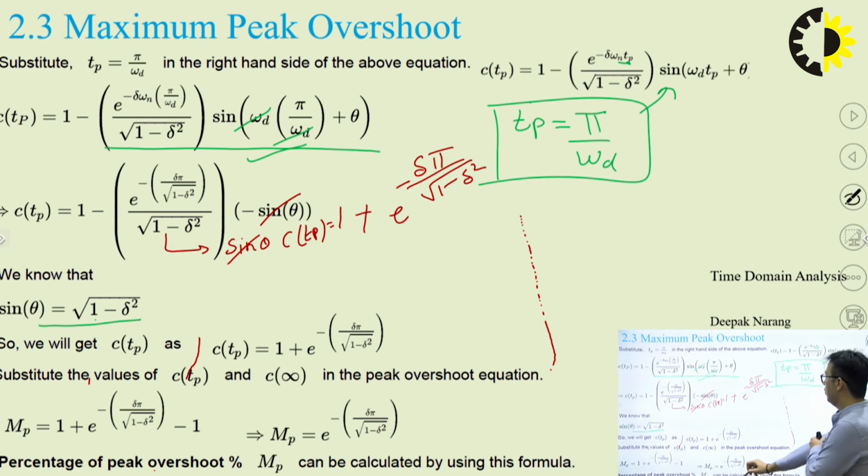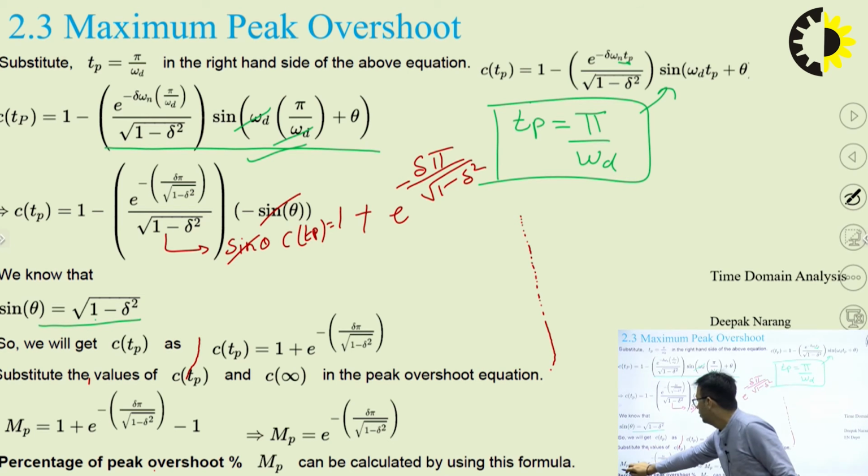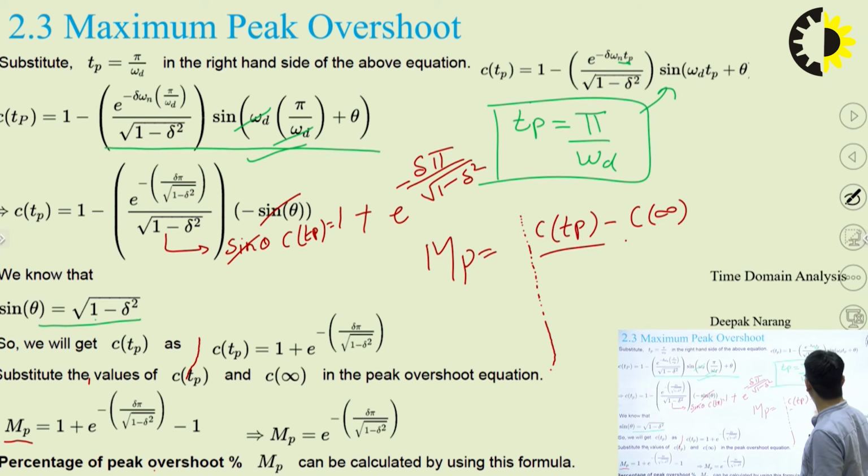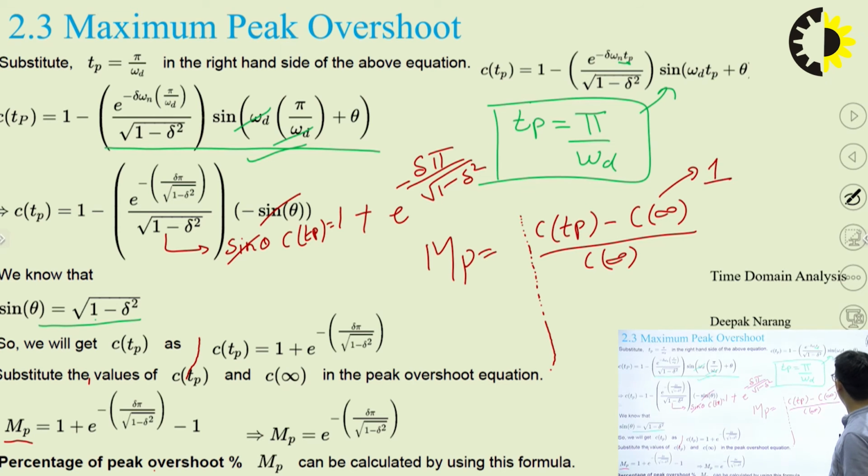Okay, now we are going to find out MP, and I already told that MP is equal to CTP minus C infinity, the steady state value, and this value is equal to 1.